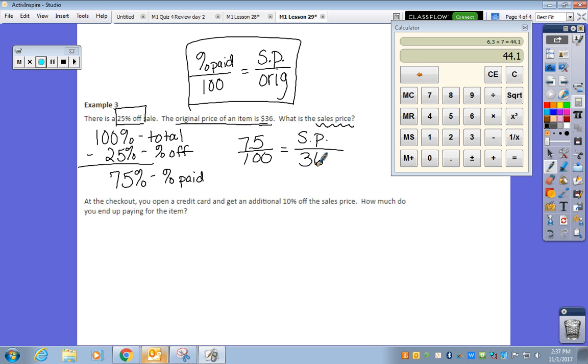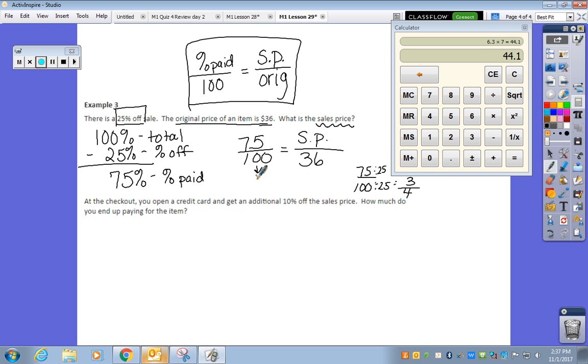I'm going to do some simplifying here. 75 and 100 can both be divided by 25, which would give me 3/4. I always think in terms of quarters when I do anything with 25, 50, 75, and 100.